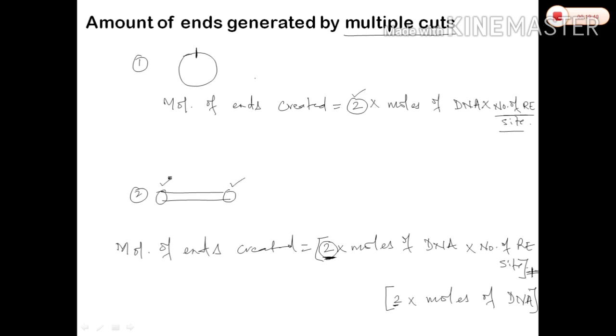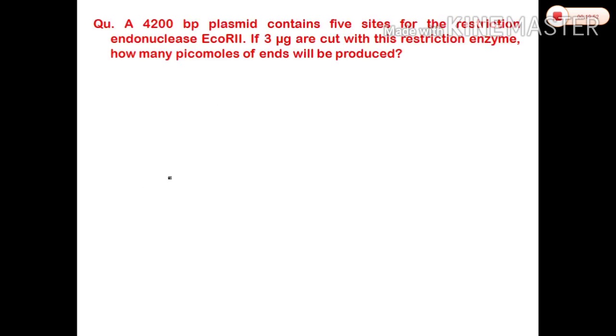Now we have an example. A 4200 base pair plasmid contains 5 sites for the restriction enzyme. If 3 microgram is cut with this restriction enzyme, how many picomoles of ends will be produced? Again, you just put this information in the formula. This is circular DNA, keep in mind, so we use the circular DNA formula.